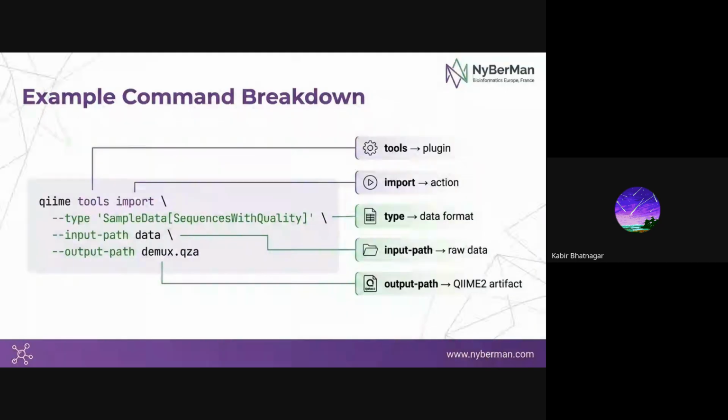There might be some parameters that keep on adding as we move on to other commands, like importing the metadata, then generating a demultiplexed sequence, and then generating a feature table. All of that will be a separate thing. With each command we will be learning what inputs are needed and what outputs are generated.